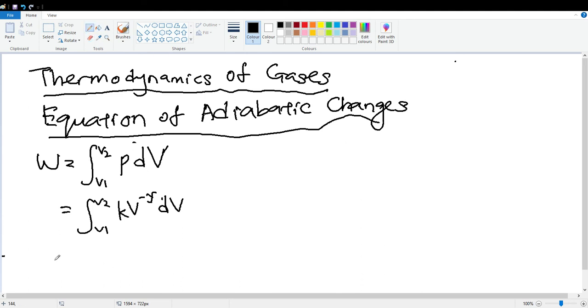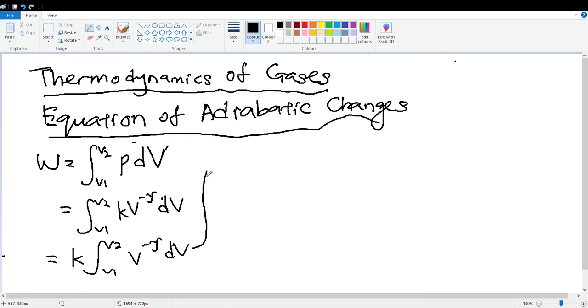Since K is a constant, I can move this constant out of the integration. So this is the integral from V1 to V2 of V to the power of negative gamma dV.